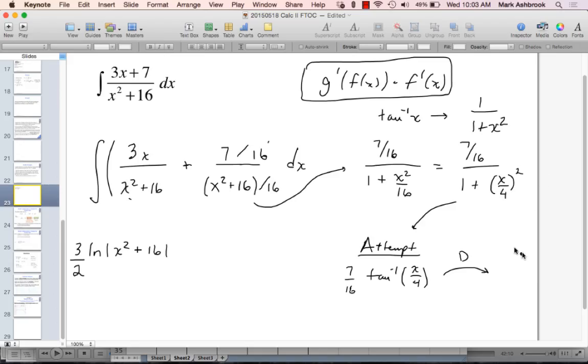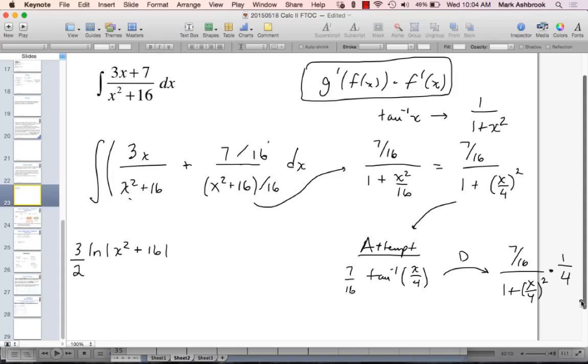When we take the derivative of this, it's going to be 7/16 over 1 plus x over 4 squared. But that's a composite function, so we need the chain rule, right? Times 1/4, the derivative of x over 4. So then how do we adjust our attempt?